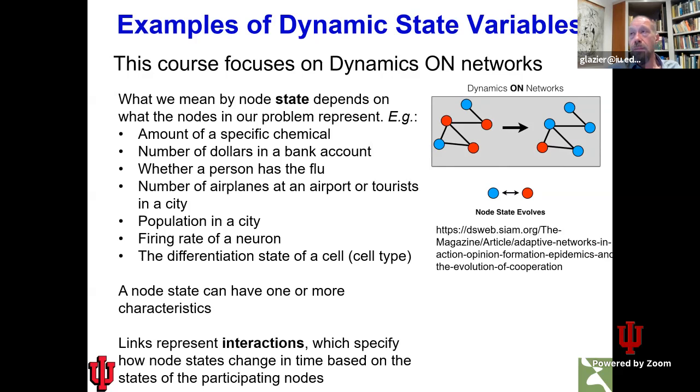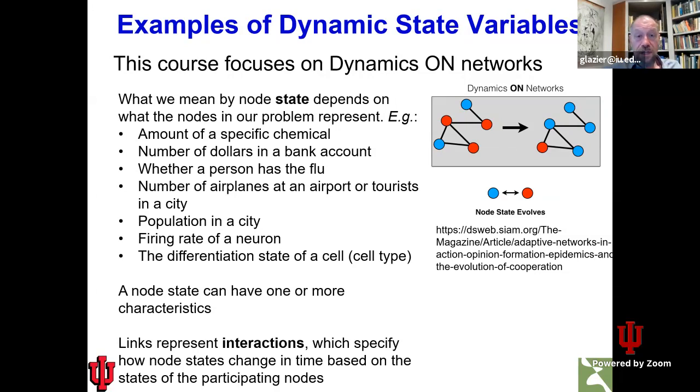And so now we have to think a little bit more about that. We've talked about node state in the abstract, and I've given you some examples. Suppose the nodes represent chemical species in a cell. The state would be how much of each species we have. The nodes might represent the bank accounts in a bank.